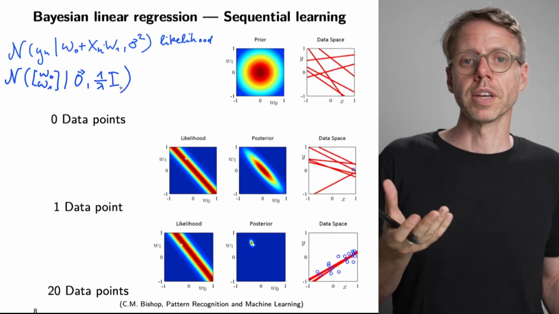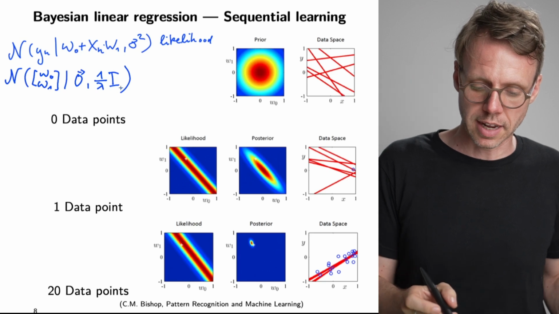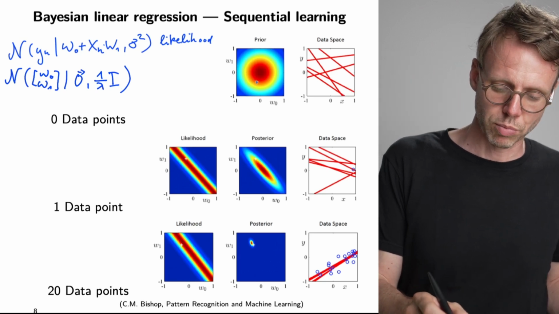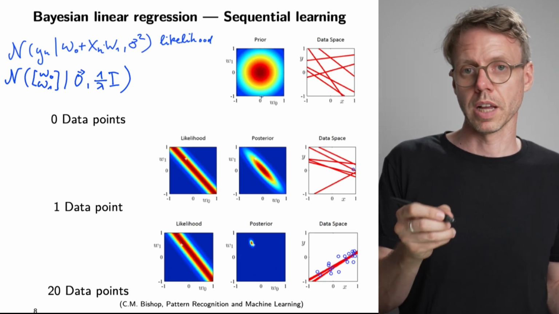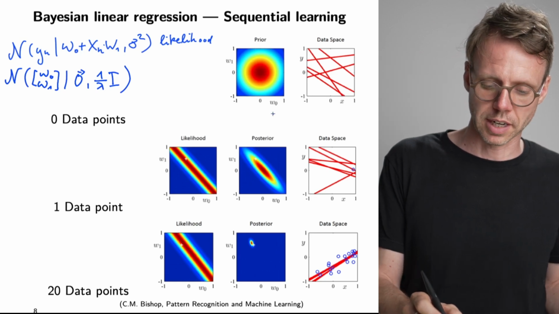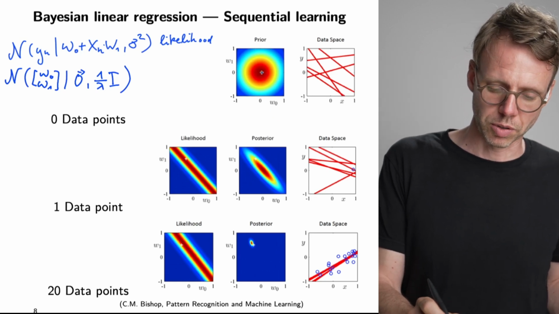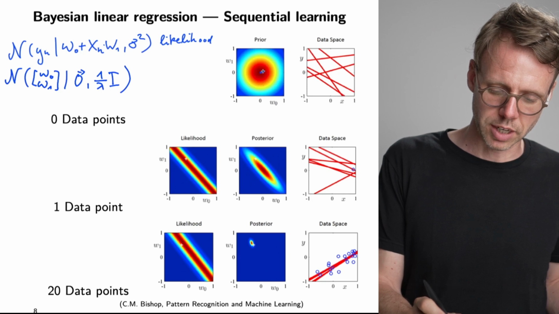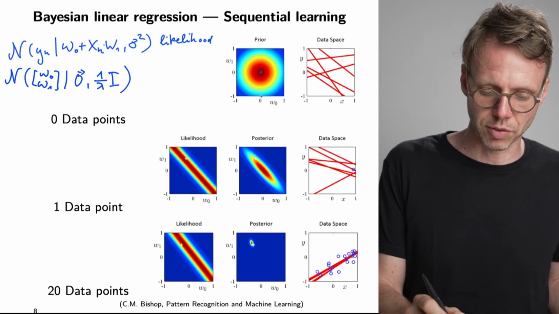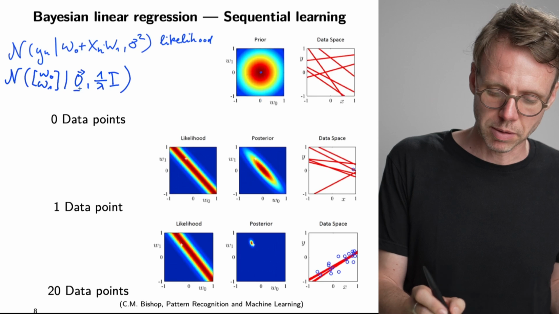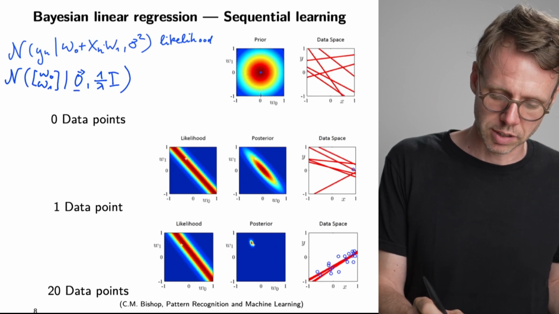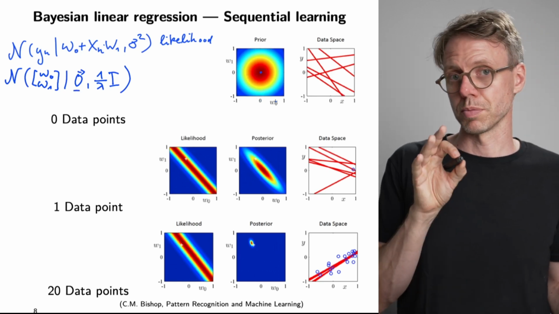Then, before we have observed any data, the prior distribution will have contour plots that look as follows. So the mode of this distribution, the point with the highest density, of course, is at the mean, which is the point 0, 0.